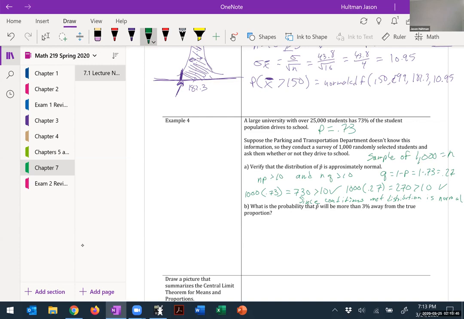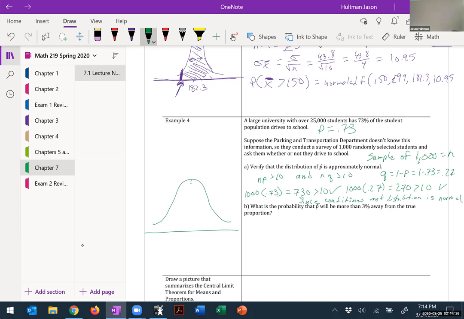What is the probability that P hat will be more than 3% away from the true population proportion? We have the population of 25,000 students, but we're interested in our sample proportions. We verified that the sample proportion was approximately normal. Now, what's the probability that the sample proportion is more than 3% away from the true proportion?